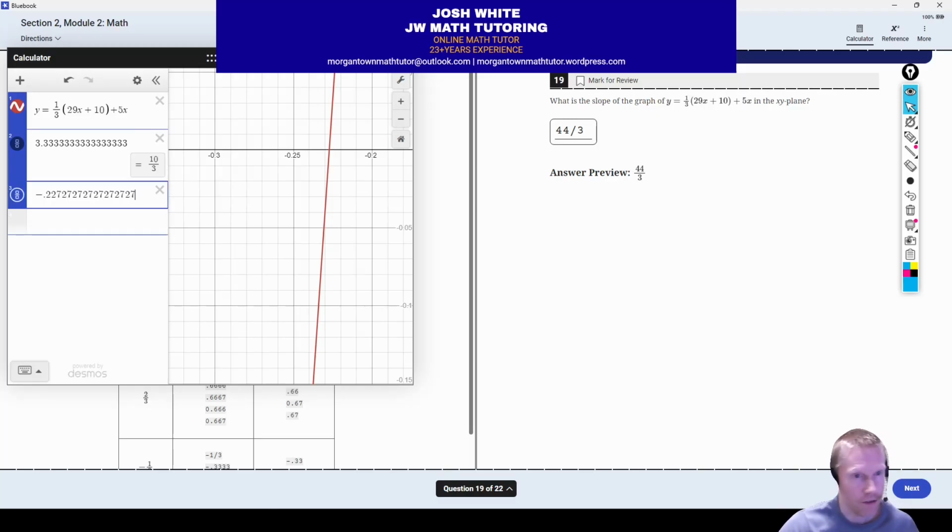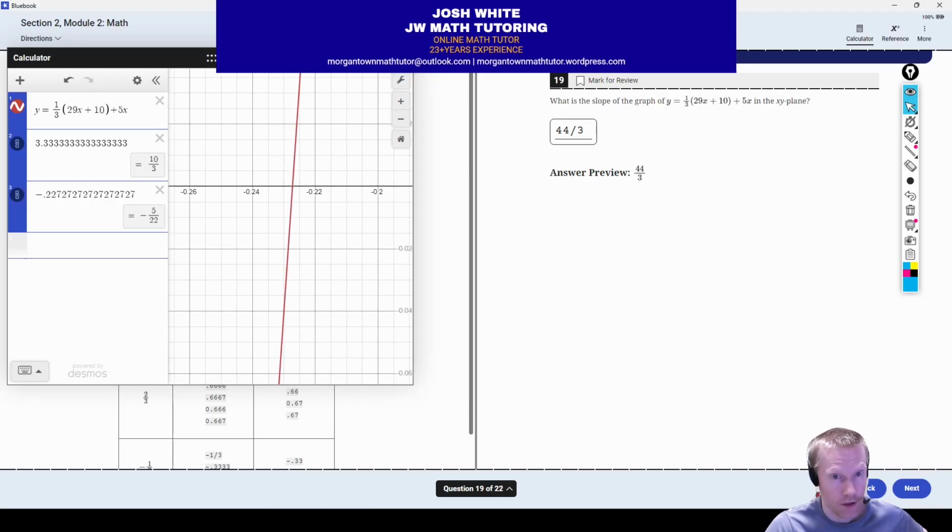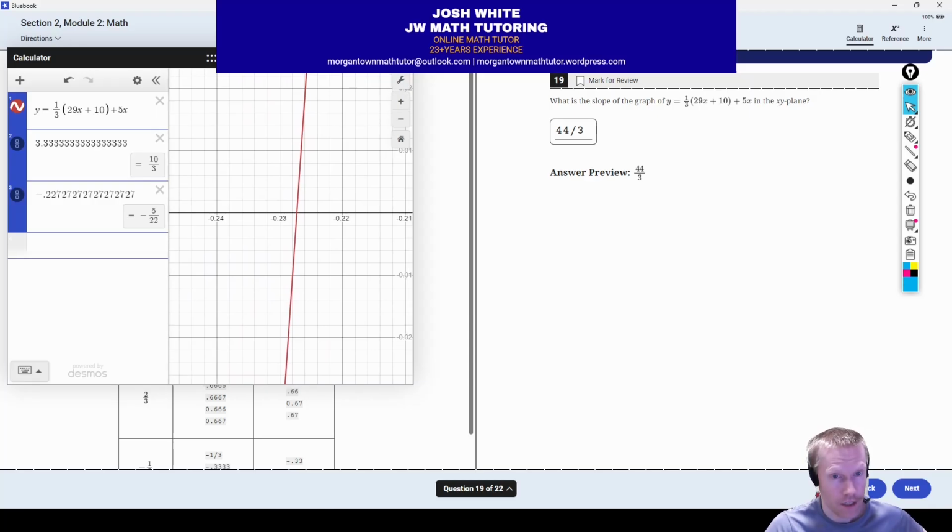Let's see, does that give me anything nice? Okay, yes it does. It gives me negative 5 over 22. So notice all I did is I basically just kept repeating the pattern there. And you can zoom in even further to try to get 0.22727.